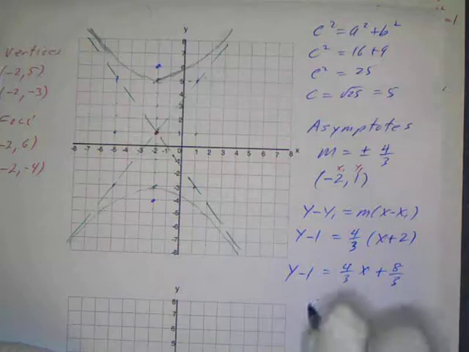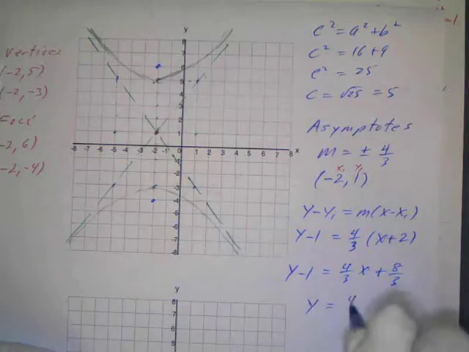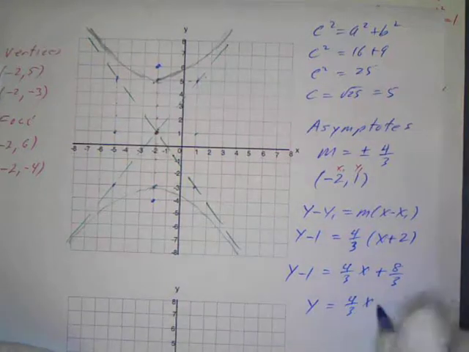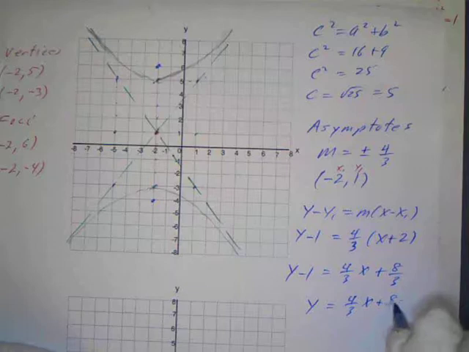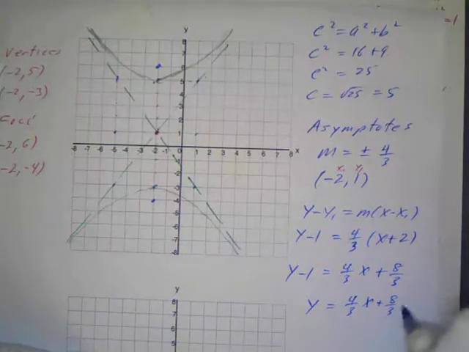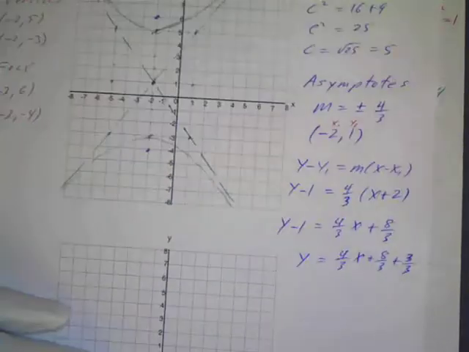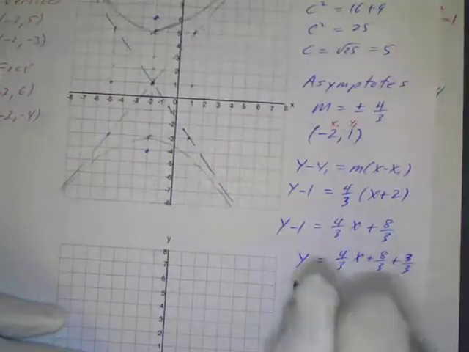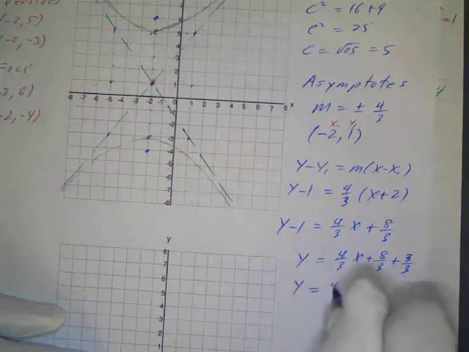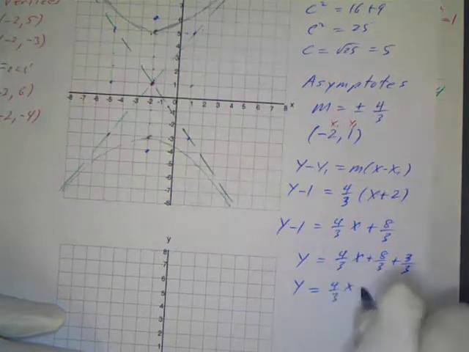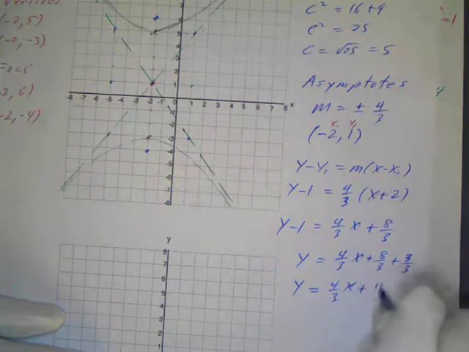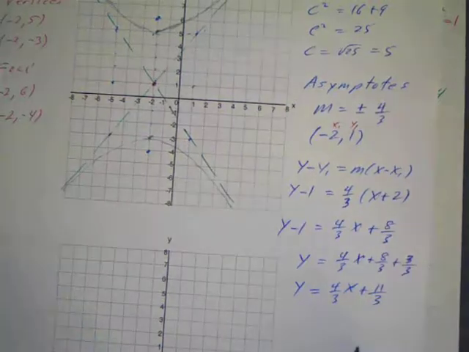And then I'll just add 1 to both sides. But if I add 1, I'm going to add it to 3, so I'll make it 3/3. That's the same thing as 1. So 8/3 plus 3/3 is 11/3. That's why we want a common denominator. So y equals 4/3 x plus 11 over 3. So that's one of our asymptotes.